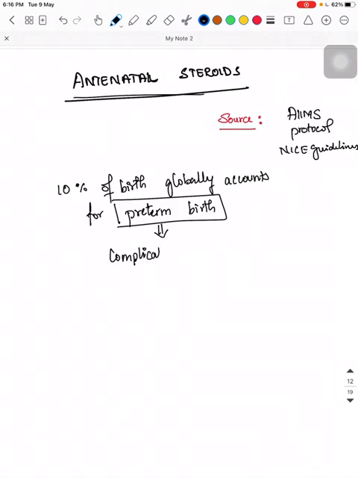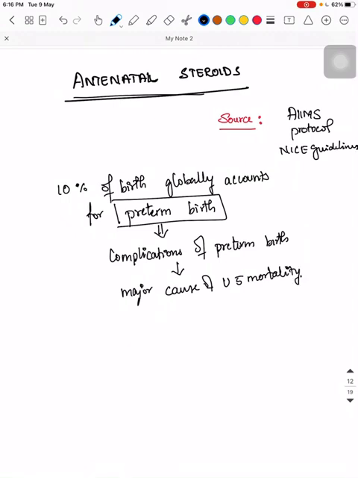So to improve lung maturity, antenatal steroids are being used, which leads to a decrease in preterm neonatal death.